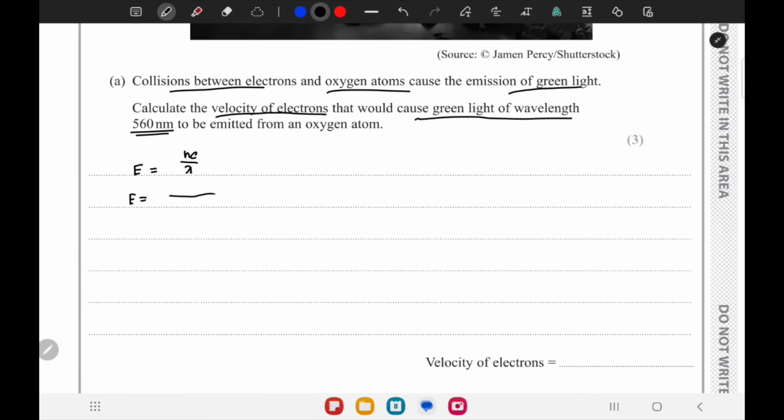The energy would be 6.63 times 10 to the power minus 34 times 3 times 10 to the power 8 divided by 560 times 10 to the power minus 9. The energy would be 3.55 times 10 to the power minus 19 joules.